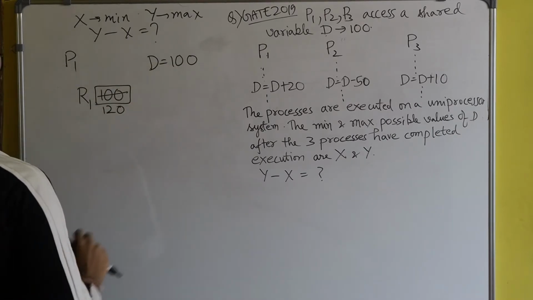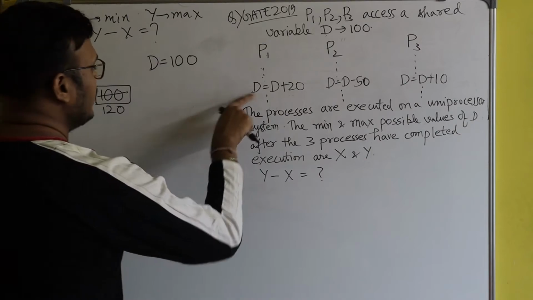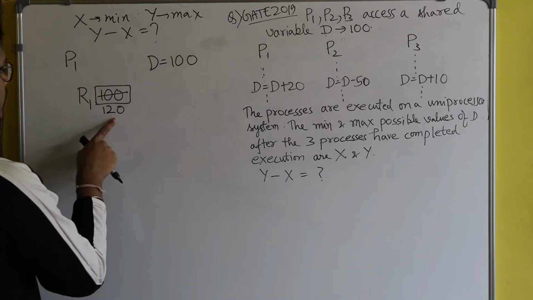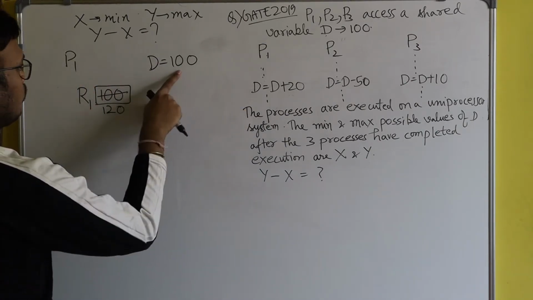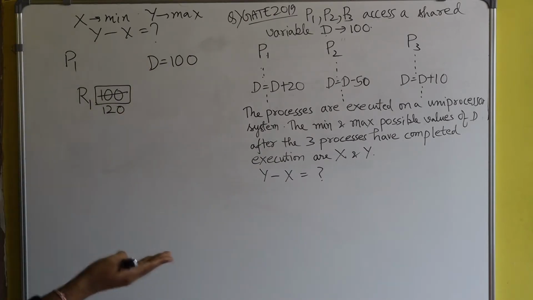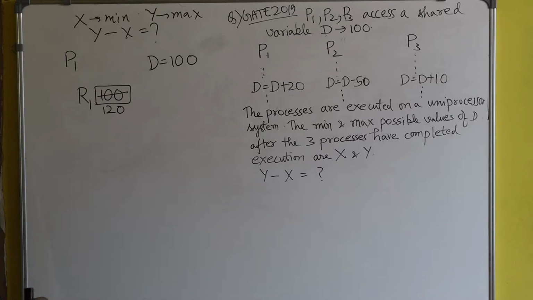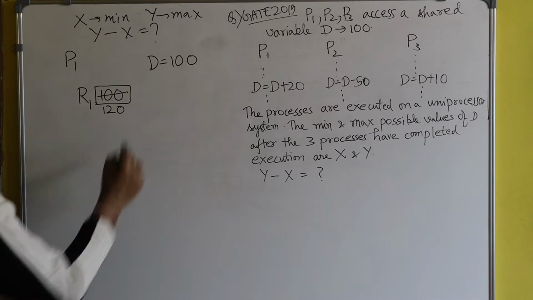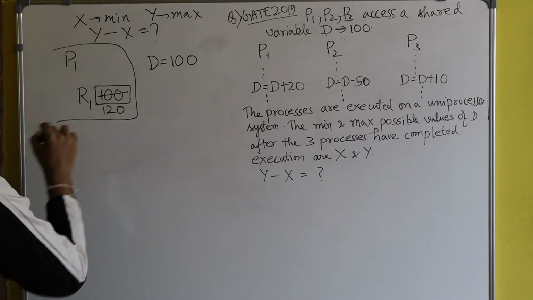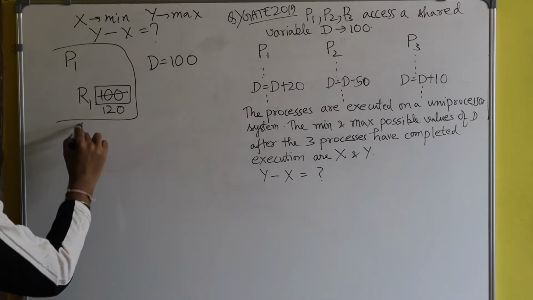Suppose at this point, before storing this value back to D, a context switch happens, and the CPU is given to process P2. So this story is about process P1; let me write here for process P2.